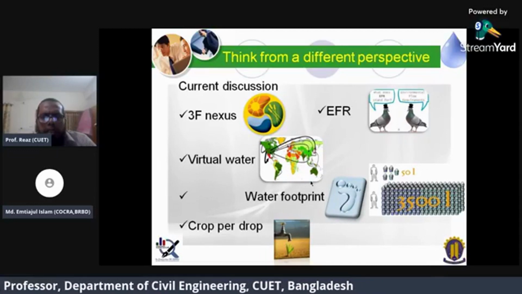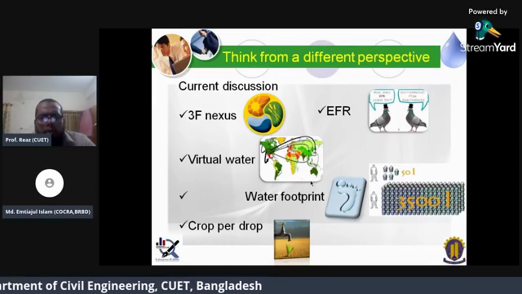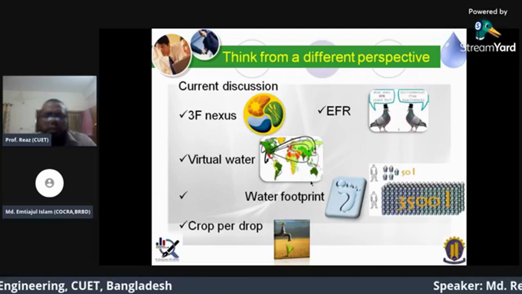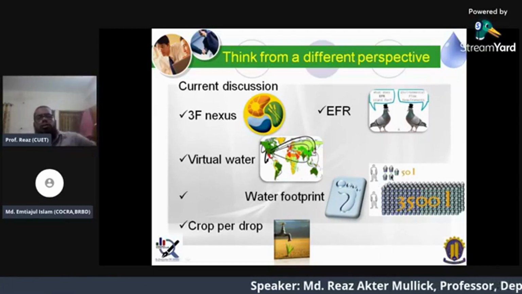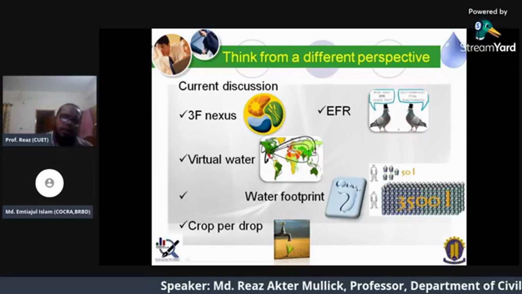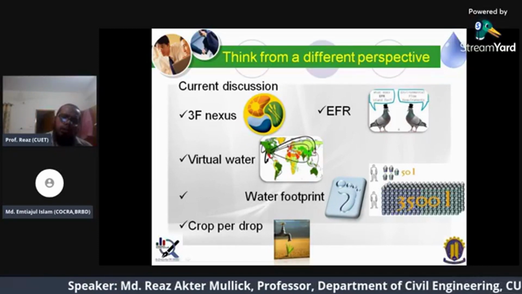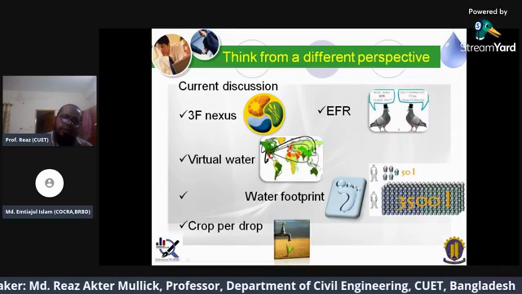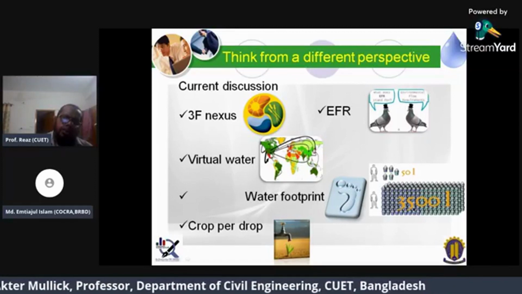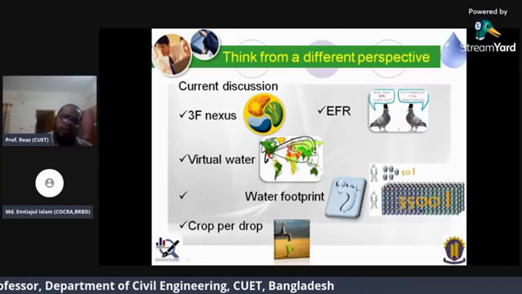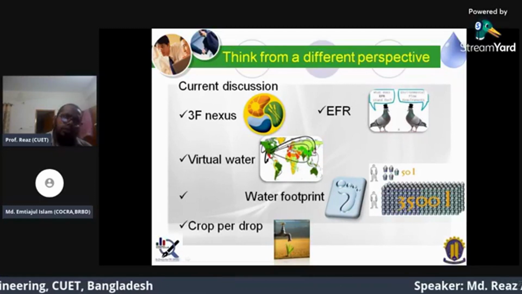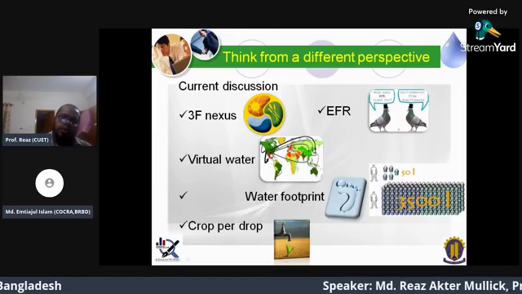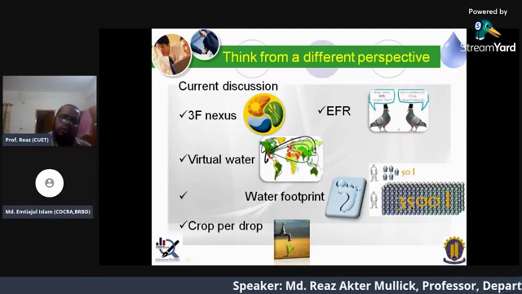Water footprint analysis is another very hot topic. In fact, only 50 liters of water is required for a person a day, but a person taking 1 kilogram of rice every day is in fact taking 3,500 liters of water, because 1 kilogram of rice production involves 3,500 liters of water.